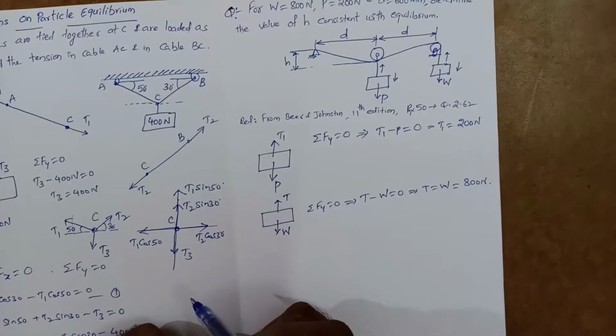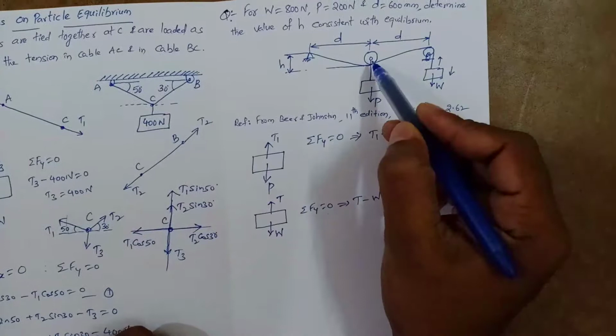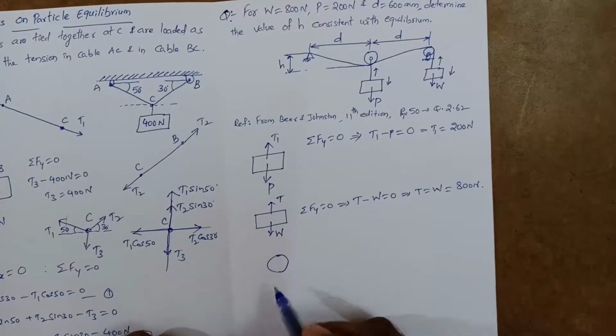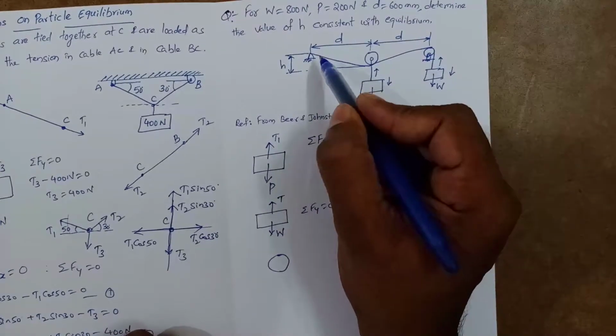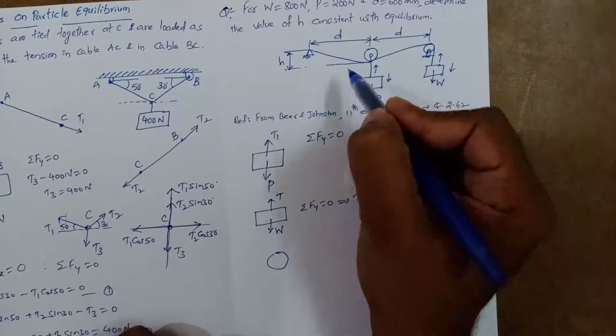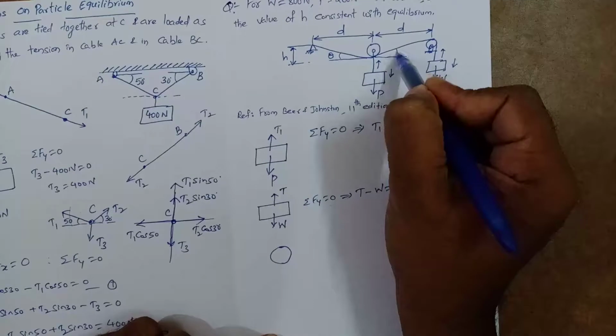Now let us draw the free body diagram for this pulley here. It's like this. Now here the pulley is in contact with this cable. So this cable is passing over this pulley. Let us assume that this angle here is theta and this angle here is phi.